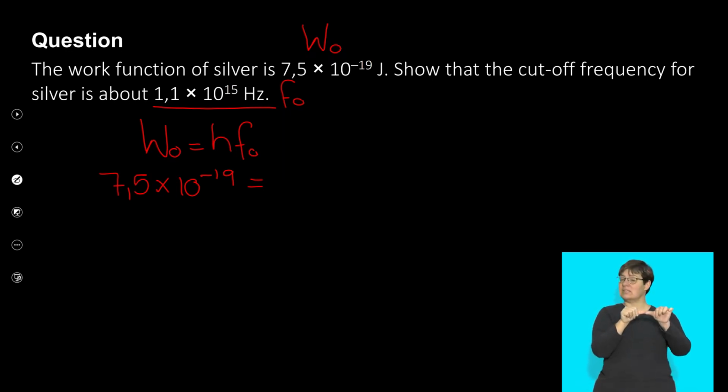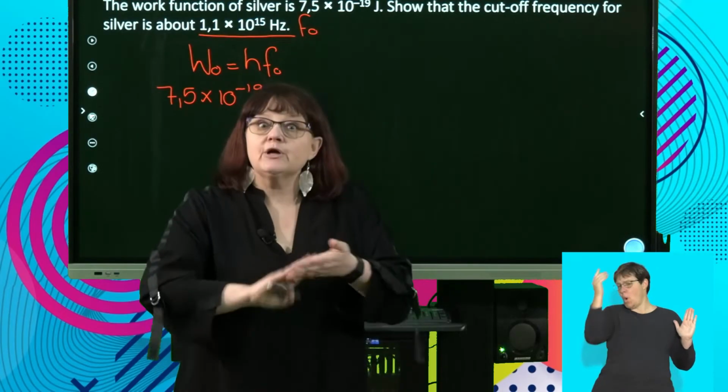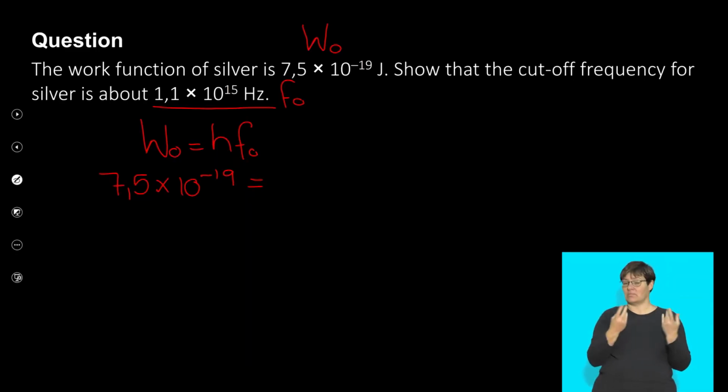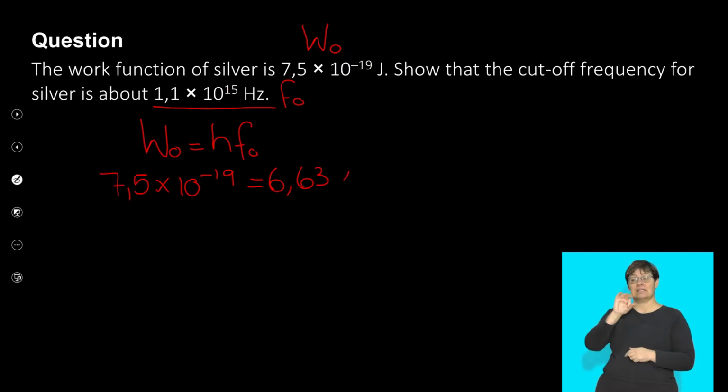You don't need to know it. Look it up on your information sheet. Don't go, oh, I know this one. Look it up because there's lots of constants that you use. And this constant is 6,63 times 10 to the minus 34.